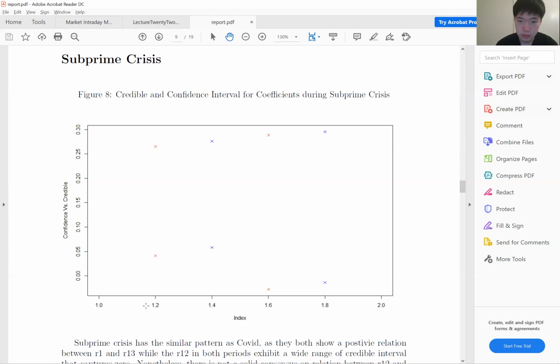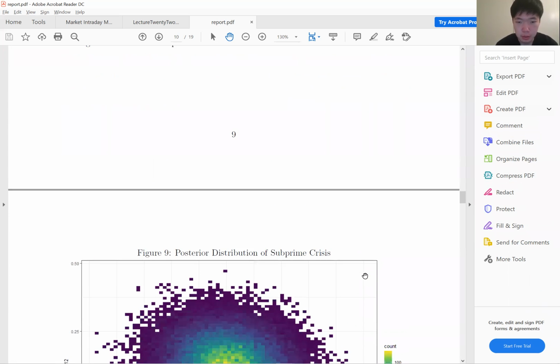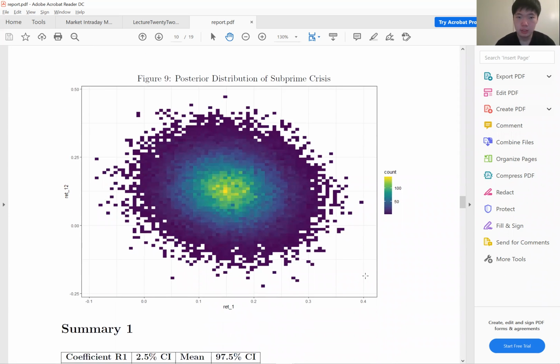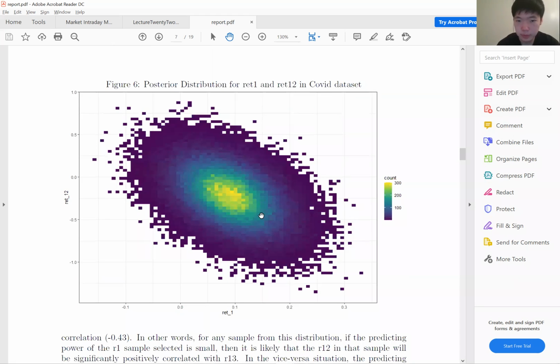However, in the subprime crisis, the coefficient for R12 still ranges from negative to positive and captures 0, meaning that we are still uncertain about the effect of R12 on R13 during the subprime crisis. I also observe another similarity: the posterior distribution of the coefficients of R1 and R12 in the subprime crisis is also slightly negatively correlated, though not as significantly as in the COVID dataset. It's still negative.